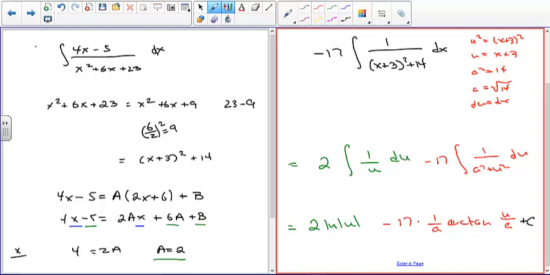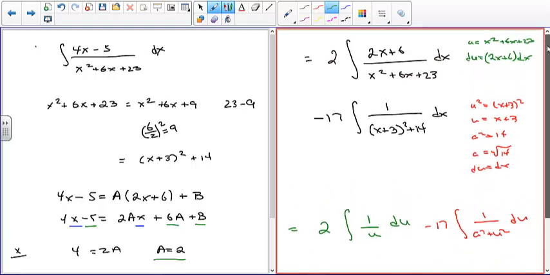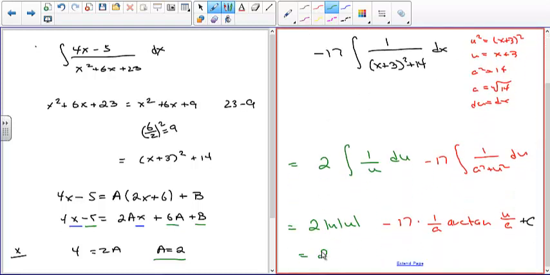And then you can go plug back in. So plug u back in. So we go all the way up here for the green u. So we get 2 times the natural log of the absolute value of x squared plus 6x plus 23. And then we get 17 divided by the square root of 14 times the arc tangent of x.